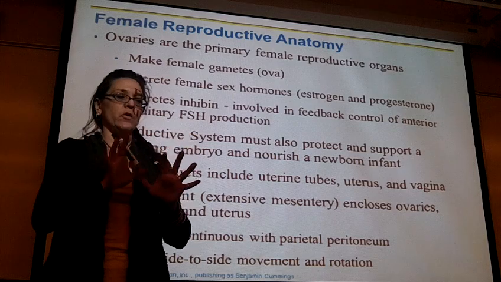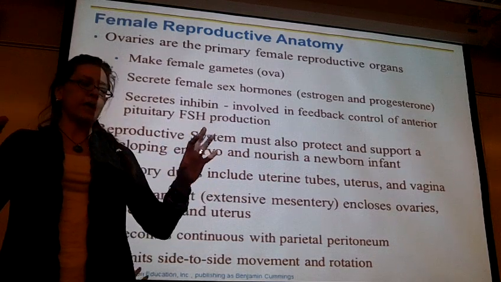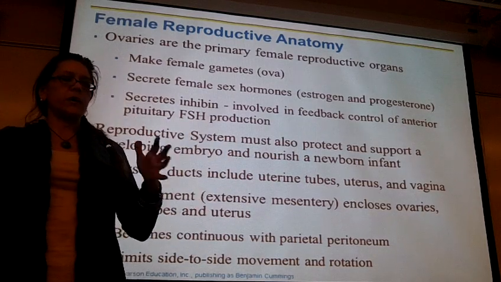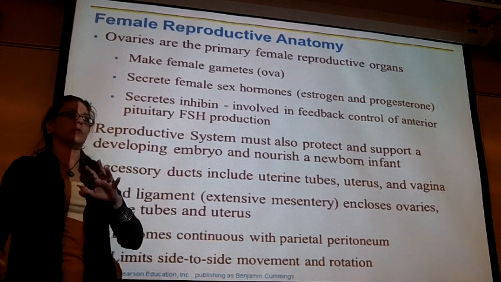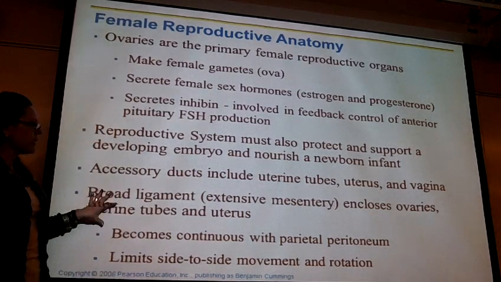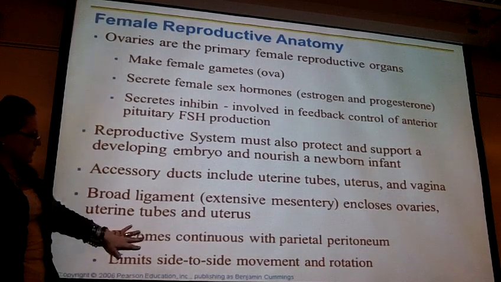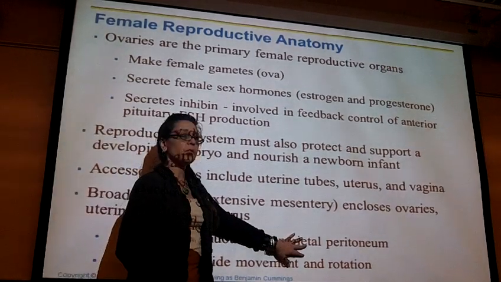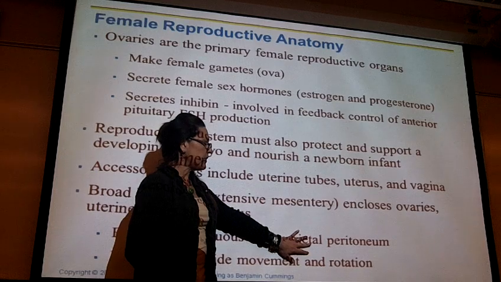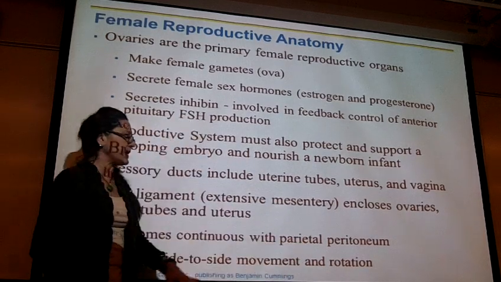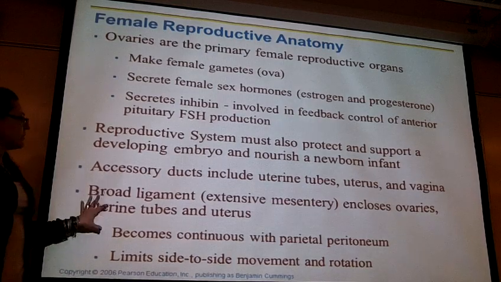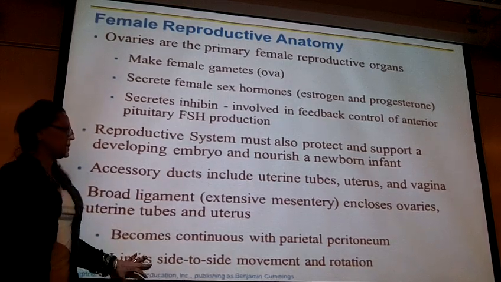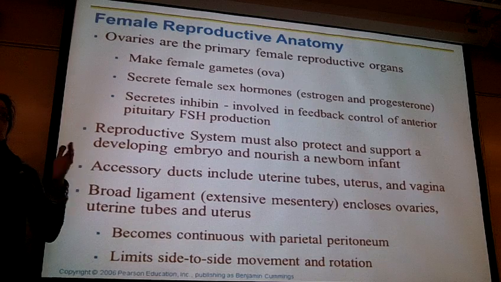And then it's going to fuse with and anchor into the peritoneum, the connective tissue that lines the abdominal cavity. So here it's continuous with the parietal peritoneum. Again, that's the part of this connective tissue that lines the abdominal cavity. And this broad ligament is going to keep things from moving side to side.